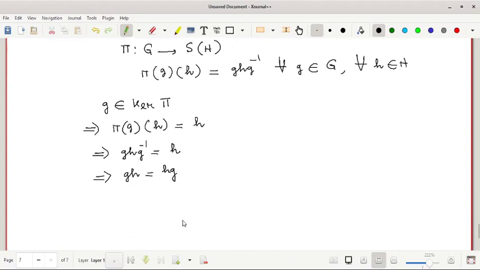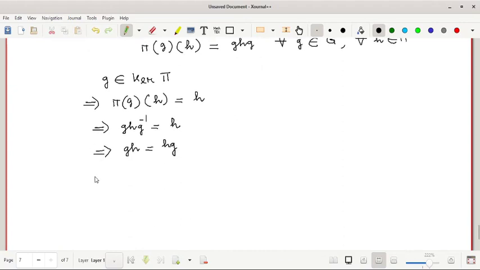What does it mean? This is true for all h. So it means that your g should commute with every element of H. If your g commutes with every element of H, then your g will be there in the kernel.